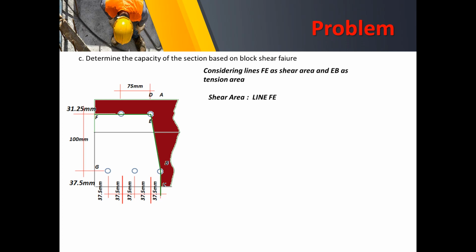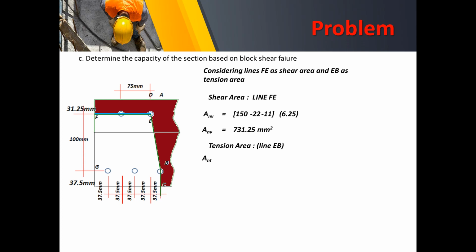So first, for the line FE, the net shear area is equal to 150 minus 22 minus 11, times 6.25. So this is actually that line less the 22 and the half of the bolt diameter at E, that is 11. Hence, we can get the net shear area to be equal to 731.25 square millimeters.